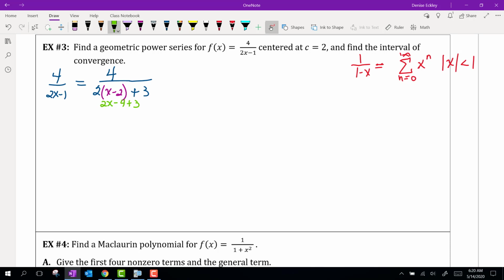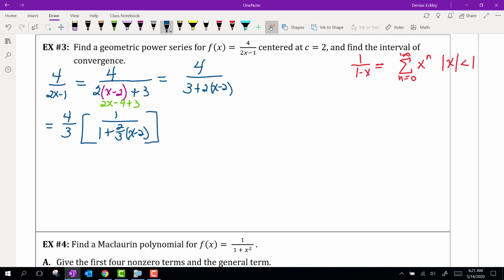Okay, so just rearranging the terms a little bit so it looks like our geometric series. We have 4 over 3 times, 3 plus 2 times x minus 2. Now remember, we want that 1 there, so we're going to divide the 3 out. So this is going to equal, let me pull the 4 too, 4 thirds times 1 over, now we'll have 1 plus 2 thirds times x minus 2.